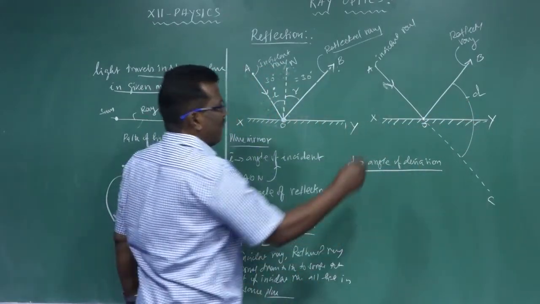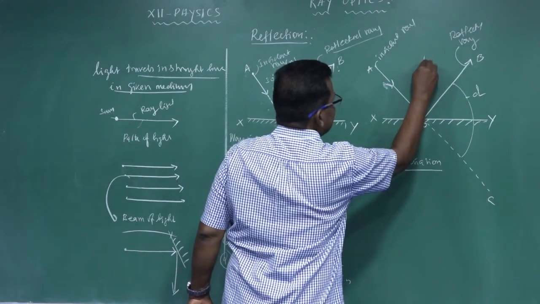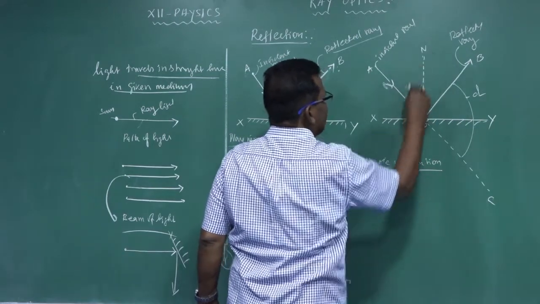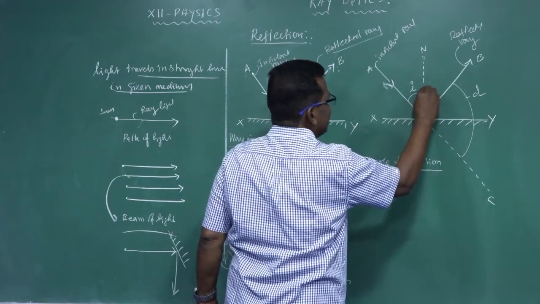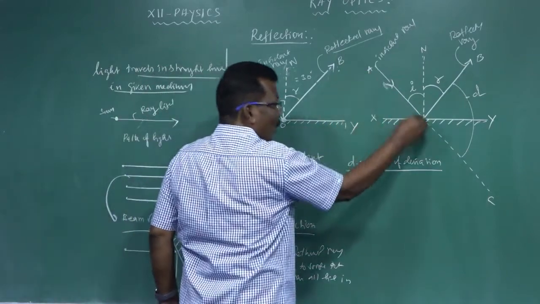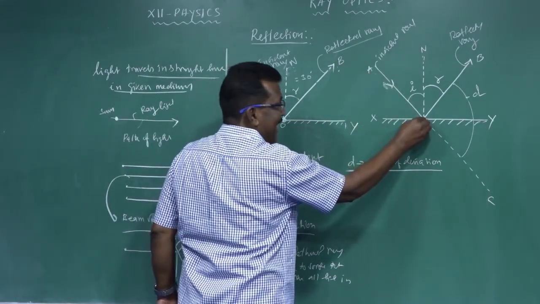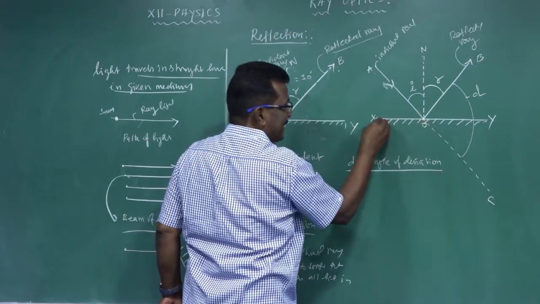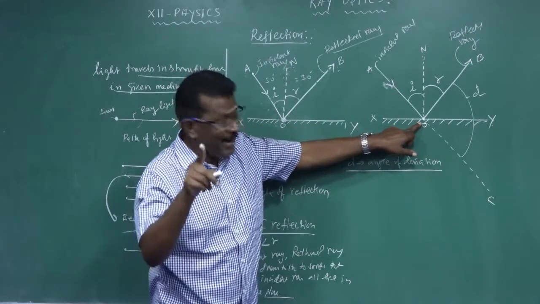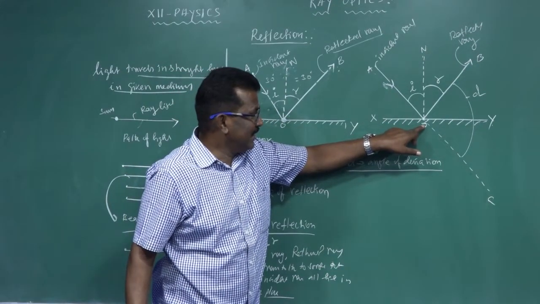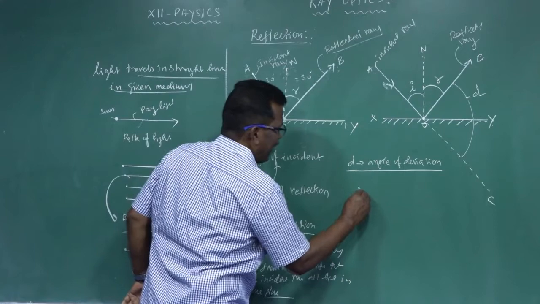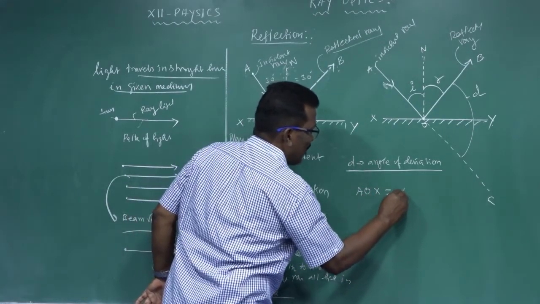Angle of deviation. If a normal is drawn to the surface at the point of incidence, we know that this is the angle of incidence and this is the angle of reflection. AO makes an angle with OX on the plane XY; that is, AOX is equal to alpha.